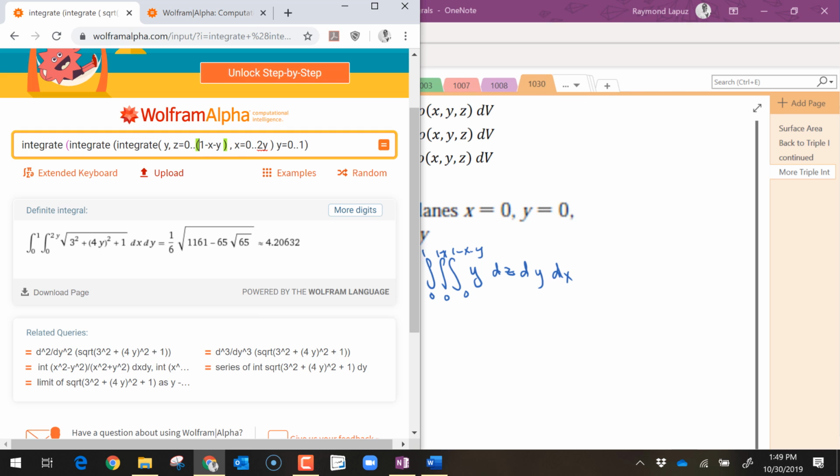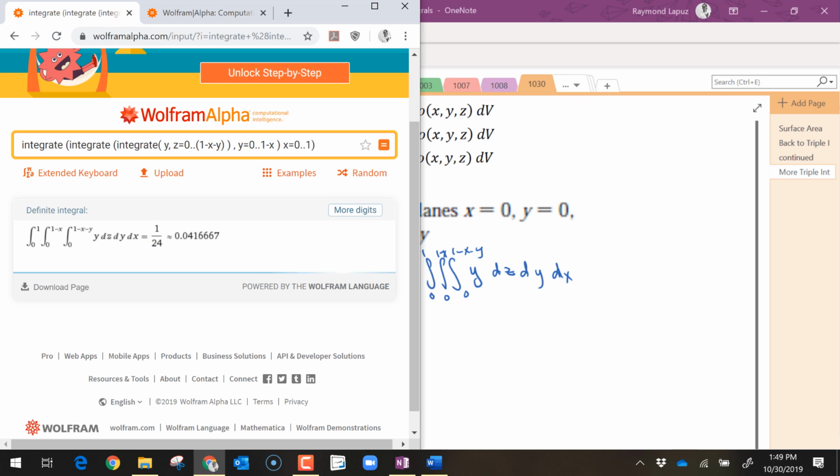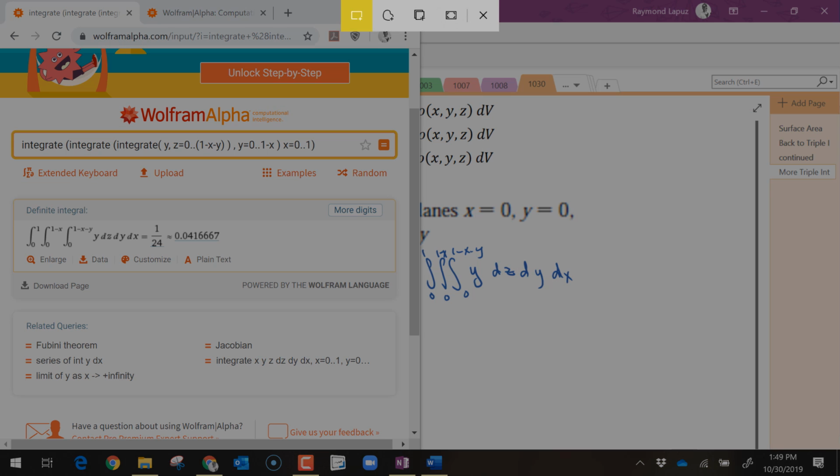Maybe parentheses for good measure. Close parentheses. And then we're going to integrate our y from 0 to 1 minus x. And then we're going to integrate our x from 0 to 1. I think we got all the parentheses figured out there. Okay, 1 over 24.